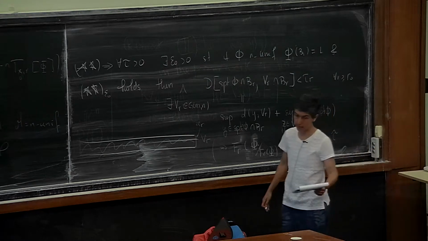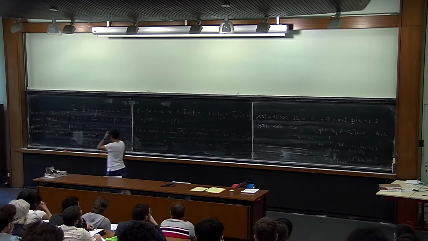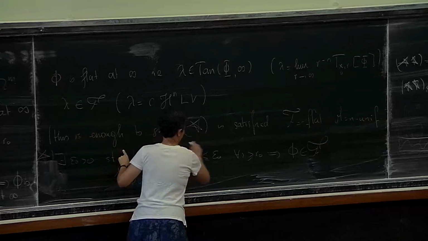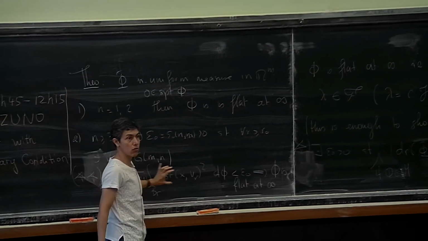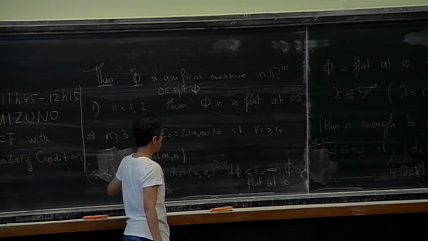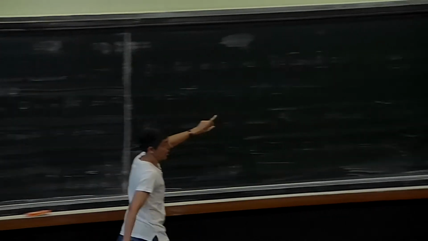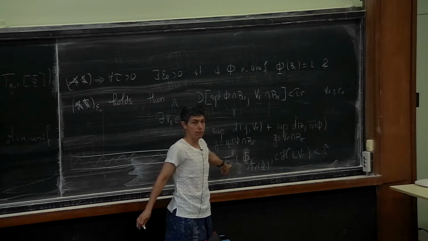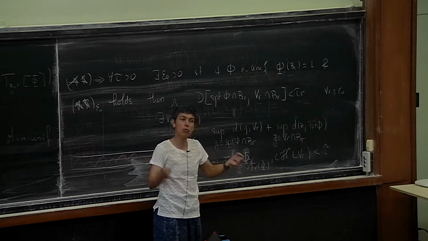Why did I write that? Because I want you to think, out of this condition, by manipulation we got to something like this condition. What I am claiming is that out of this condition and the fact that phi is n uniform, I get back to this condition. If this is small, then dr is small. So the two things are equivalent.